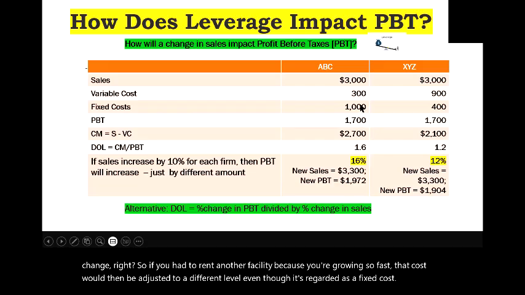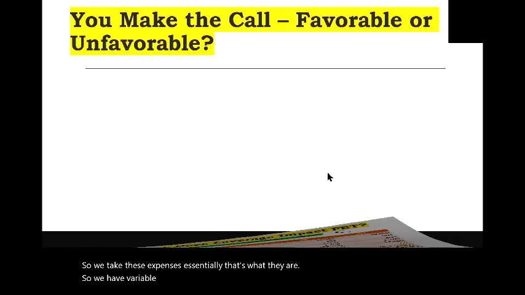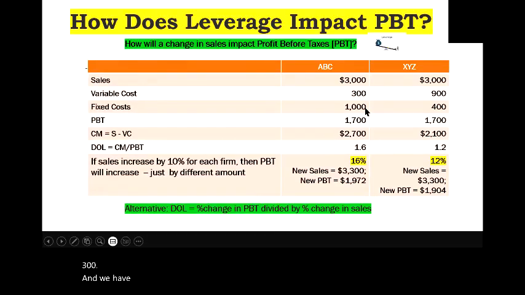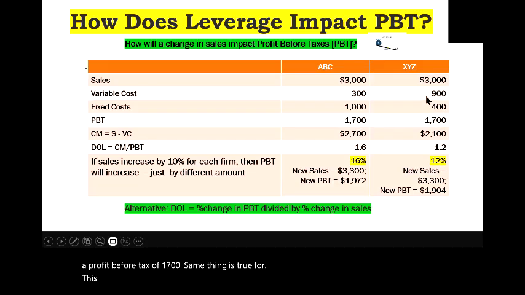So we take these expenses, essentially that's what they are. So we have variable cost of 300, and we have fixed cost of 1,000, so $1,300 subtracted from the gross sales of 3,000, we're left with a profit before tax of 1,700. Same thing is true for this company, except notice that they have a higher level of variable cost versus fixed costs.